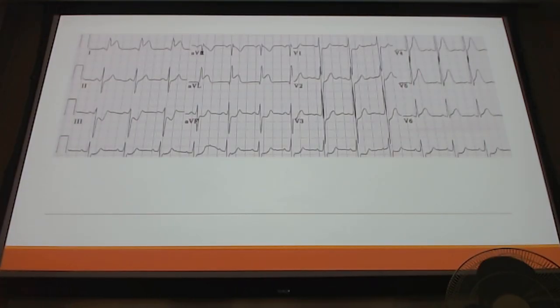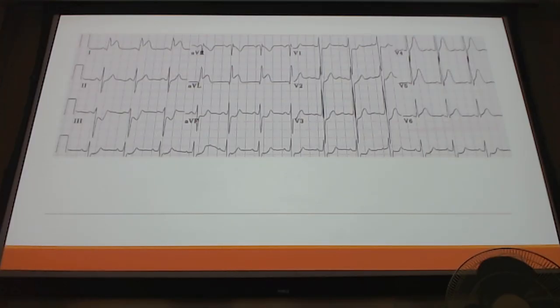All right, let's look at a couple of these. What do we see on here? Yeah, so we've got ST elevation. What kind of STEMI do we think this is? Inferior, posterior, lateral? Lateral. Yeah, it looks like lateral, right?